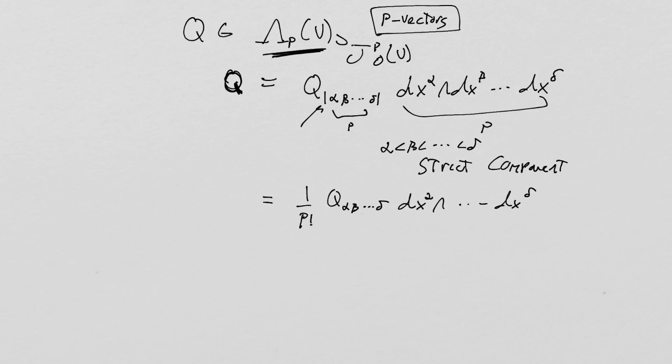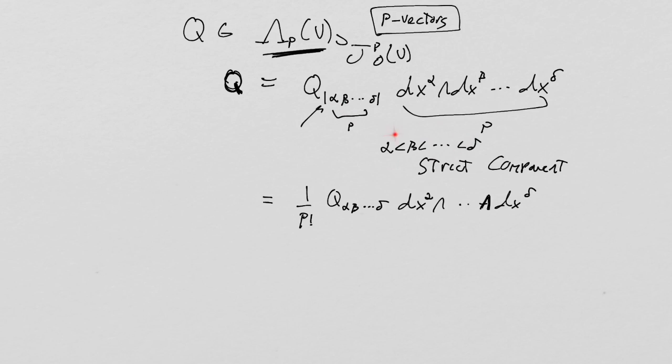And what happens here is this factorial, we know that this is antisymmetric. That's how this whole thing is built, right? So now that I'm summing over all possible alpha, betas, and deltas, here I'm not summing over all possible ones.